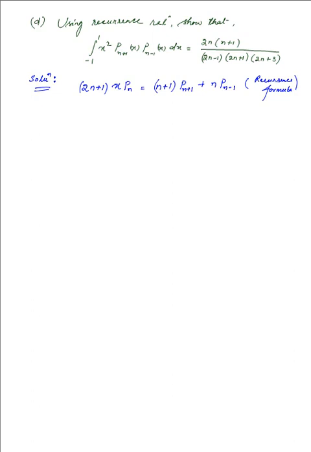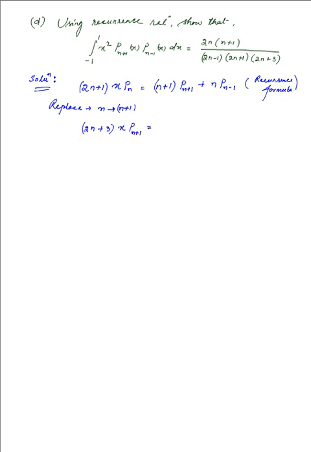So firstly we are going to replace n by n plus 1. If we replace n by n plus 1, on the left hand side, n plus 1 means 2n plus 2, so that is 2n plus 3, 2 added to 1 is 3, and here x, and over there we have Pn plus 1.